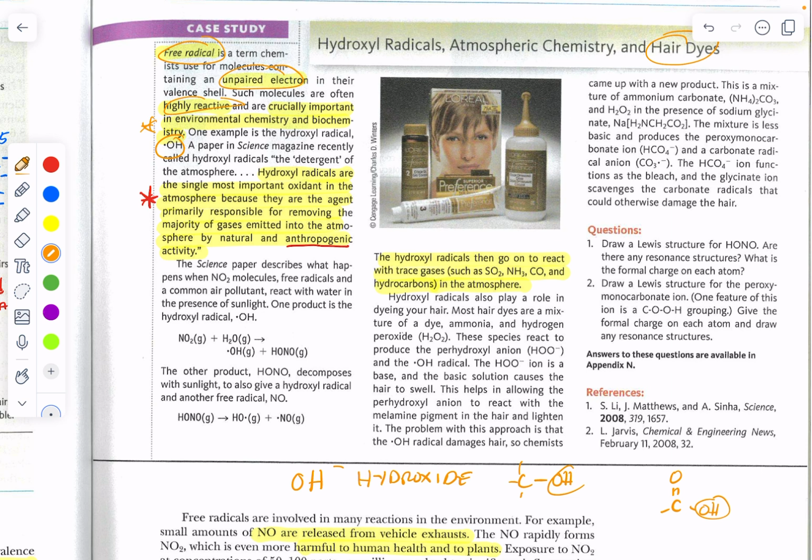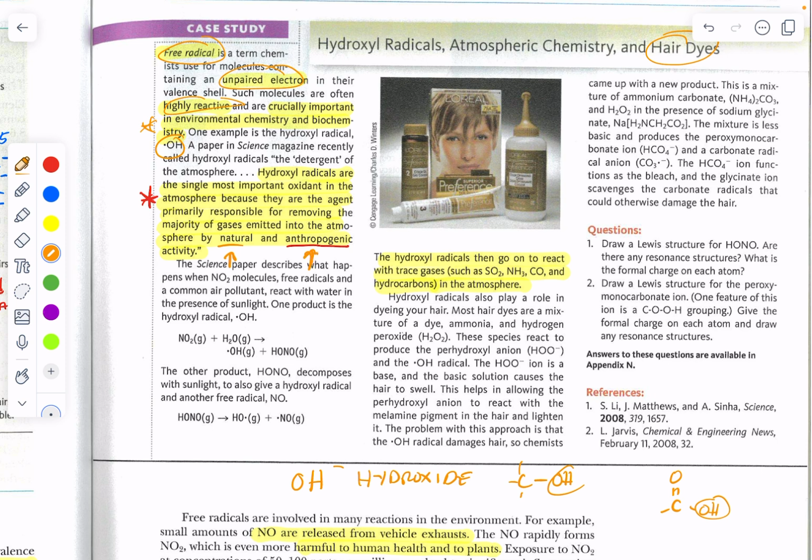They also say that the majority of gases emitted in the atmosphere by natural and anthropogenic activities can be cleaned out of the atmosphere by hydroxyls. So in God's providence, there are the naturally occurring hydroxyls, the ones that are formed naturally in our environment that help to undo some of the natural pollutants that are produced, for example, from volcanic activity and from animal respiration and from decomposition of organic matter, as well as human-made.